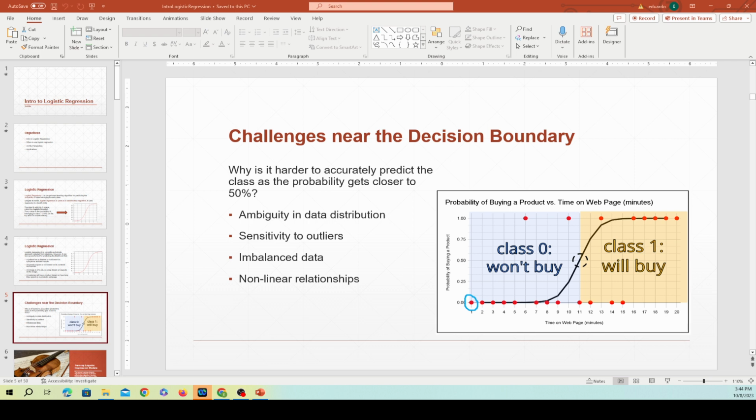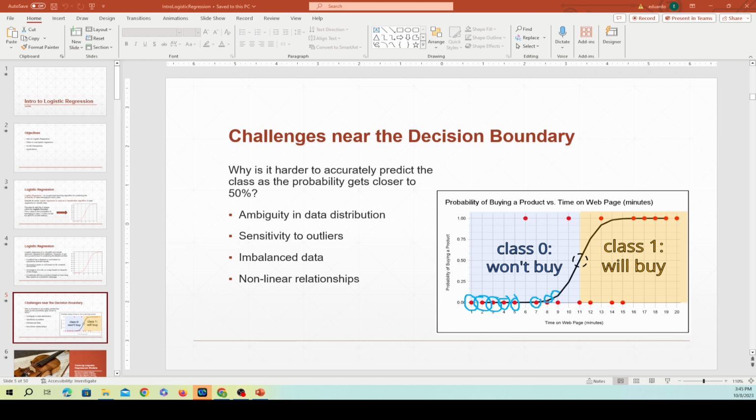If they spend 2 minutes on the website, then the probability that they will buy something is almost zero as well. If they spend 3 minutes, again, close to zero. If they spend 4 minutes, close to zero. 6 minutes, close to zero. 7 minutes, close to zero. And then if they spend 8 minutes, it's getting a little bit higher, right? So it's almost like 5%.